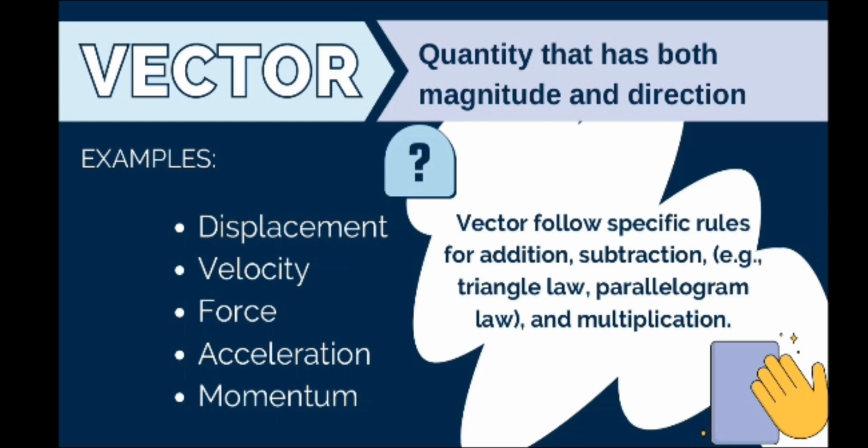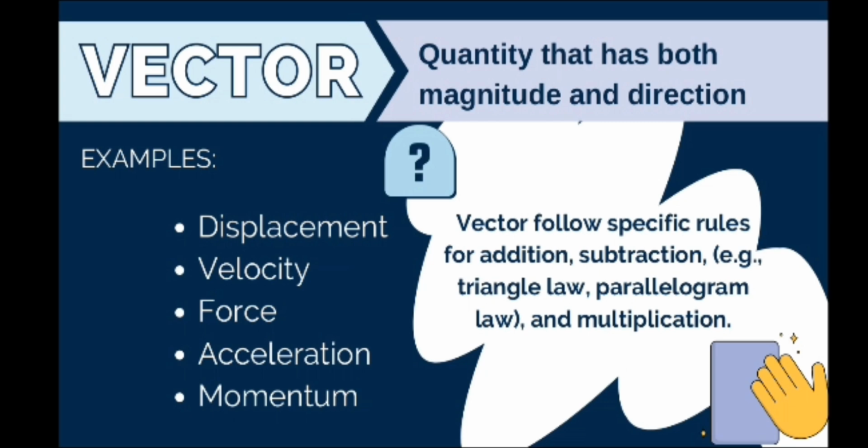So a vector quantity is a physical quantity that has both magnitude, size or amount, and directions.